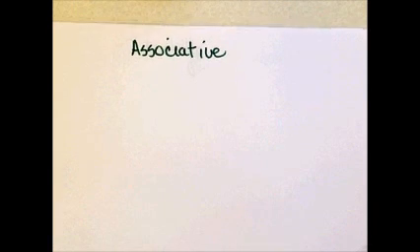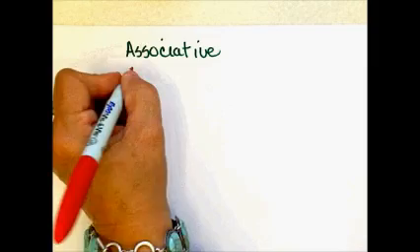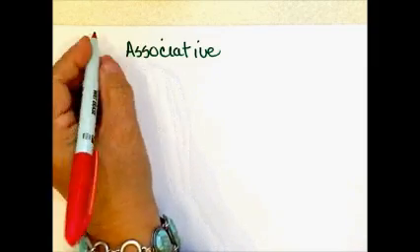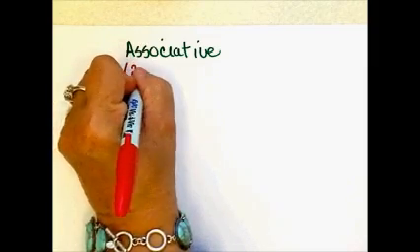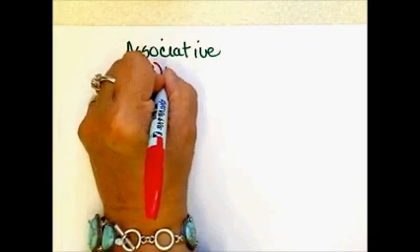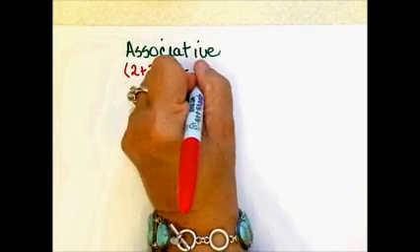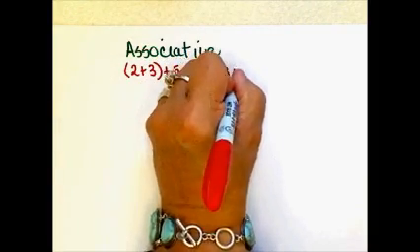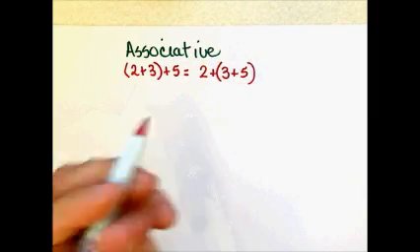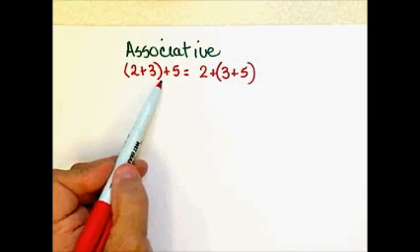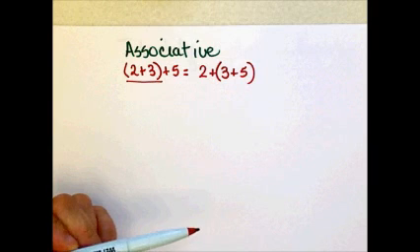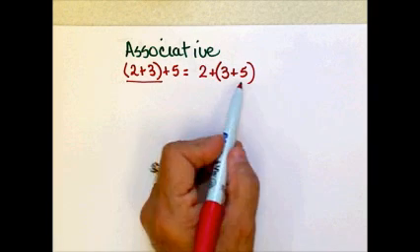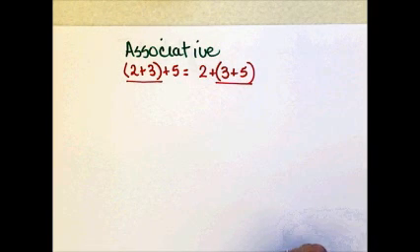Alright, let's think about the associative property. With the associative property of addition, we had 2 plus 3 plus 5 equals 2 plus 3 plus 5. And I associate different numbers together. On the left-hand side, I associate 2 and 3 first. On the right-hand side, I associate 3 and 5 first.